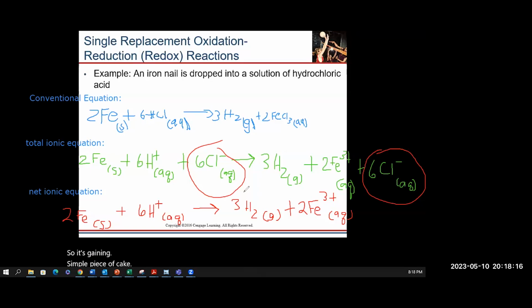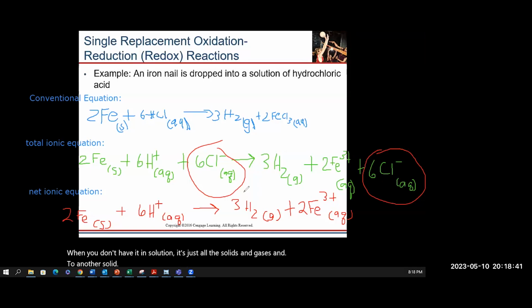I have a question. Yes. From the practice exam, when you don't have it in solution, it's just solids and gases and another solid.